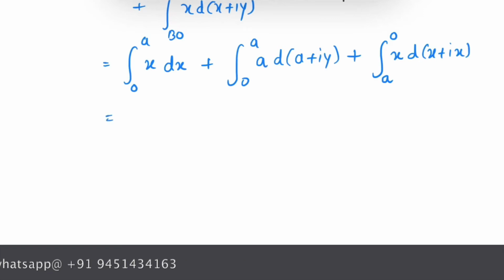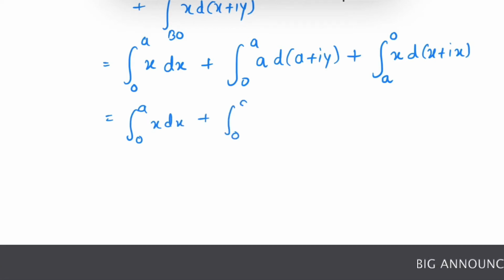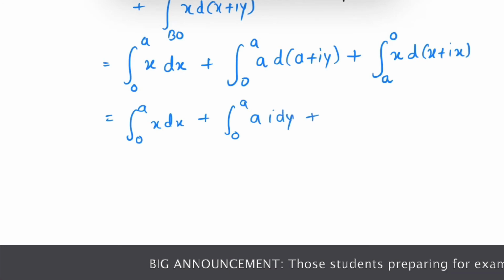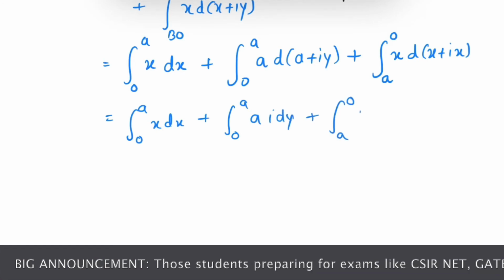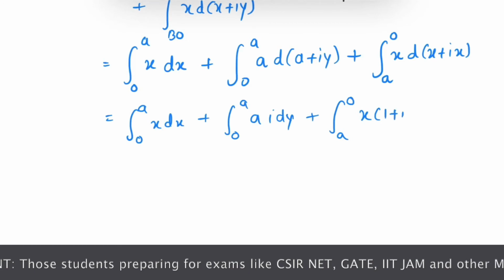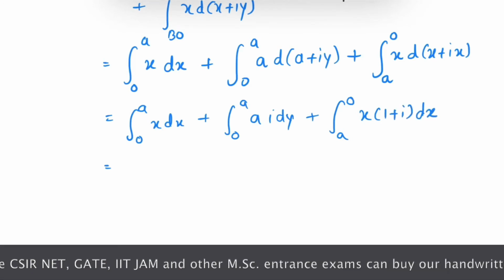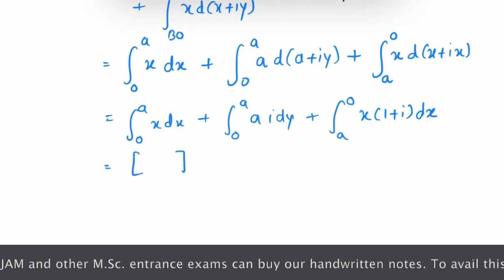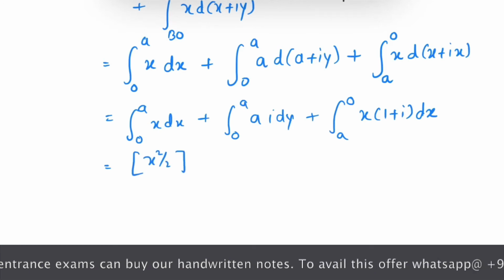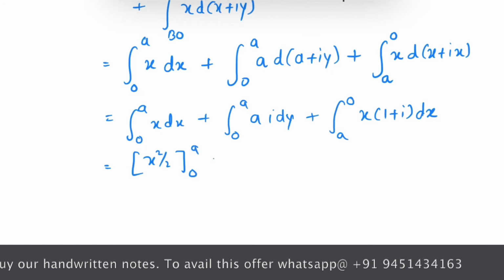So we have integration 0 to a x dx plus integration 0 to a iota dy plus integration a to 0 x times 1 plus iota dx. Now let's start integrating. Integration of x will be x square over 2 and the limit is from 0 to a.